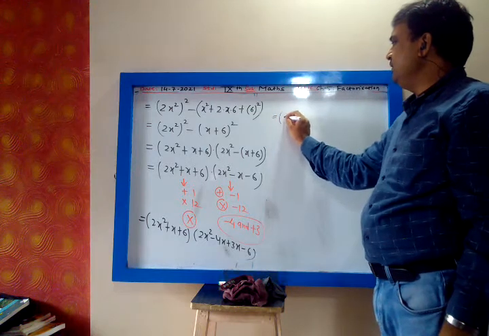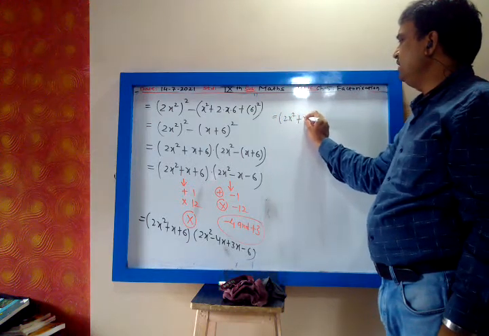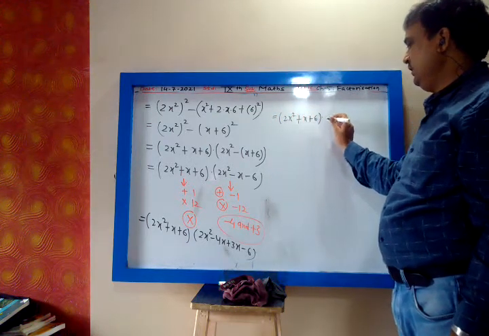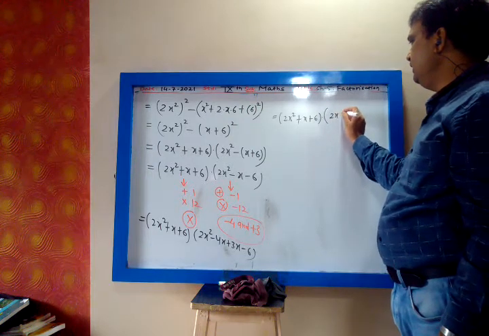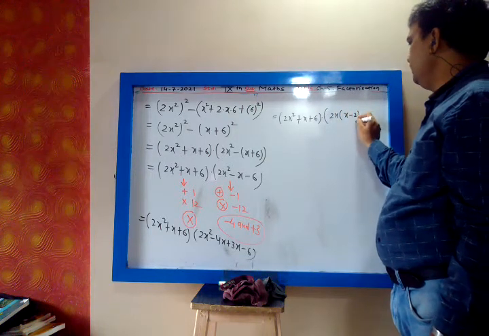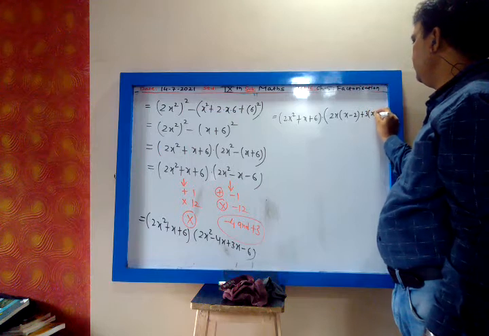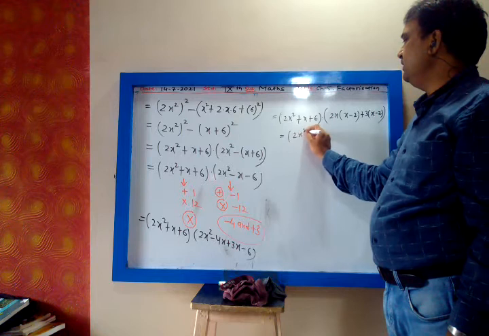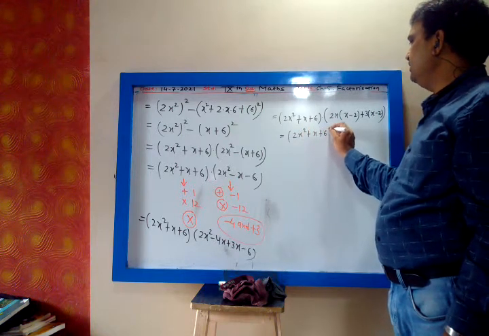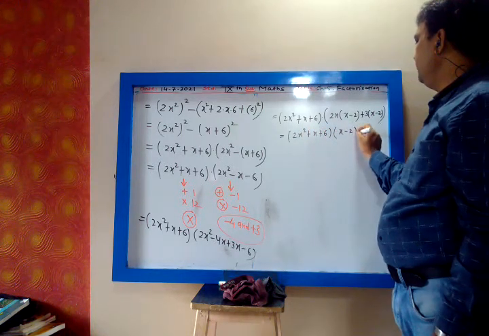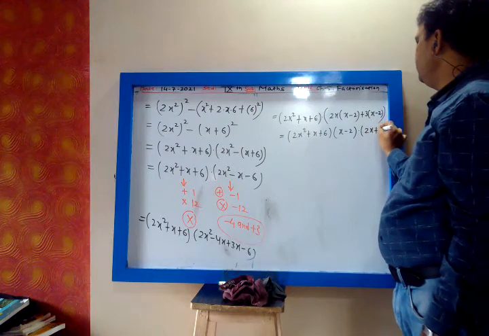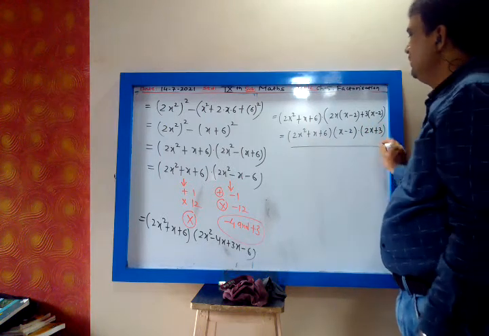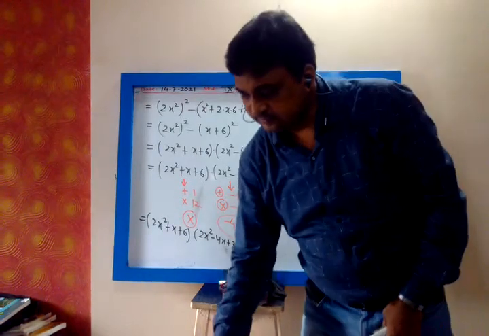So first one we keep as it is, 2x square plus x plus 6, into 2x is common, that is x minus 2 plus 3 into x minus 2. Then x minus 2 is common, then it is 2x plus 3, and this is the answer, product of three factors. So this is the factorization.